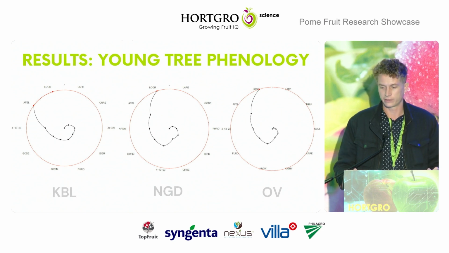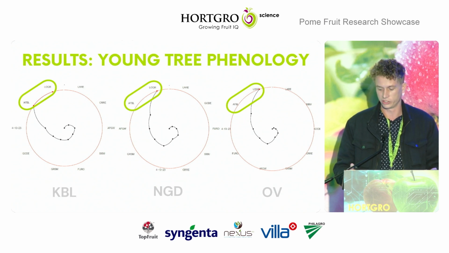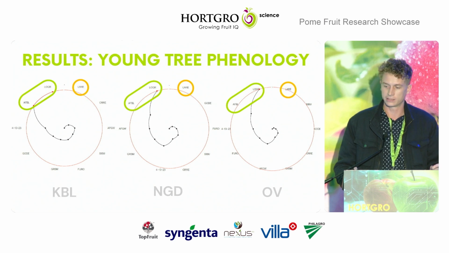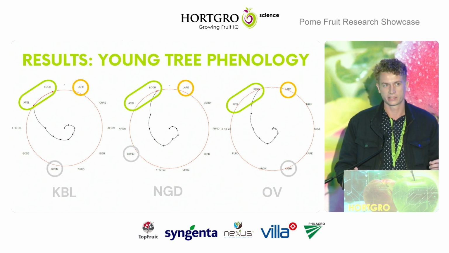So we can see that genotypes such as Louterwater Granny and Afri Blush consistently had a high performance across all 3 of these environments for young tree phenology, while genotypes like Lady in Red consistently had the lowest ranking for all 3 of these environments, and genotypes such as Granny Smith had a consistent intermediate performance for all 3 environments.